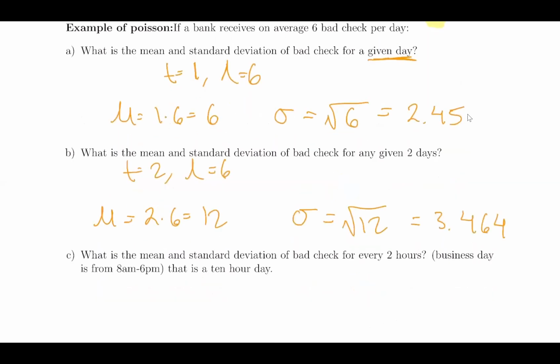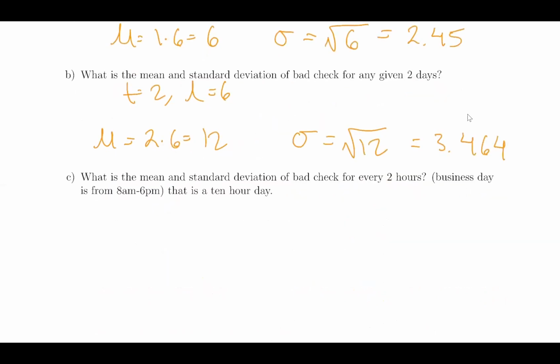All right, so let's do C. So for this one, if you remember, we said t is equal to 1 over 5 because you got 2 over 10. Lambda is still equal to 6. So if I want to find mu, you do 1 over 5 times lambda, which is 6, and you get 1.2.